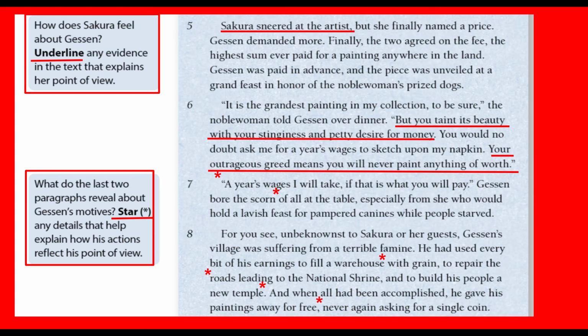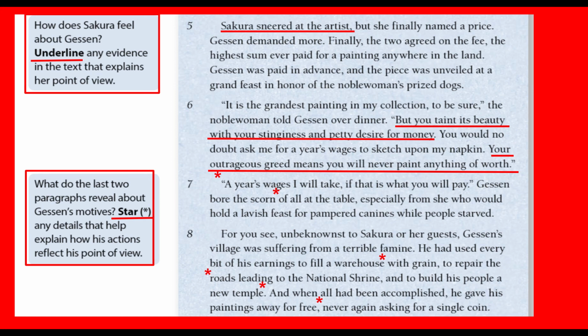So when all of that had been accomplished, he gave his paintings away for free. Let that sink in for a minute. After he had filled the warehouse with grain, repaired the roads, built the temple, only then did he give away his paintings for free, right?